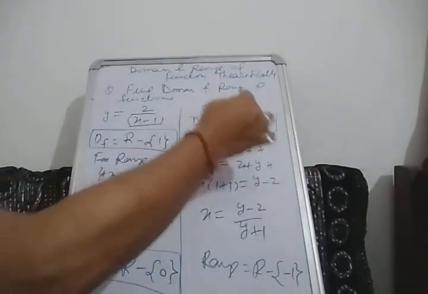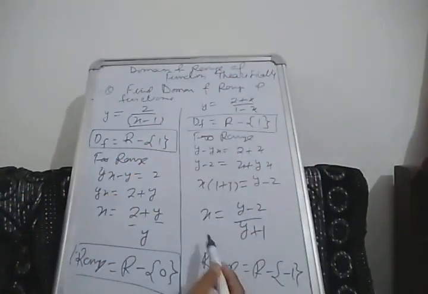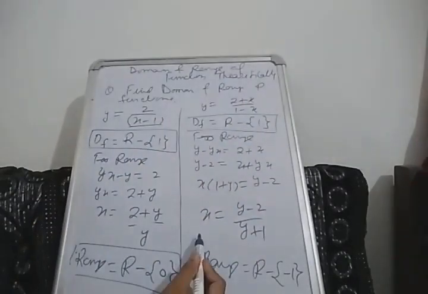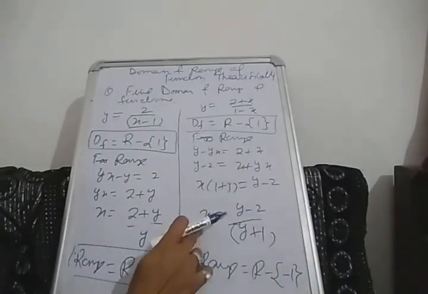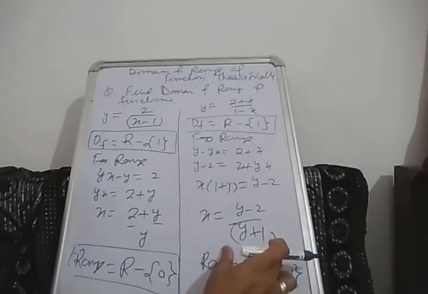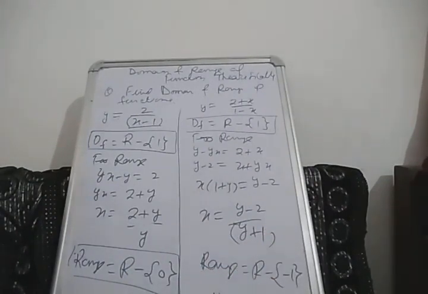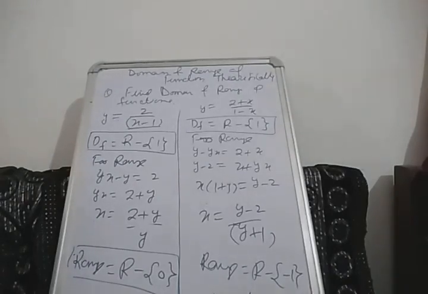Similarly for range, we will cross multiply, like y is in the form of x, x is also in the form of y. So what should y not be here, so that x is defined? The denominator should not be 0, meaning y plus 1 should not be 0, y should not be minus 1. So what can y be except minus 1?